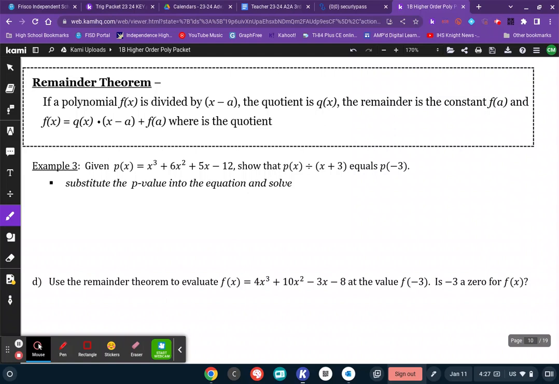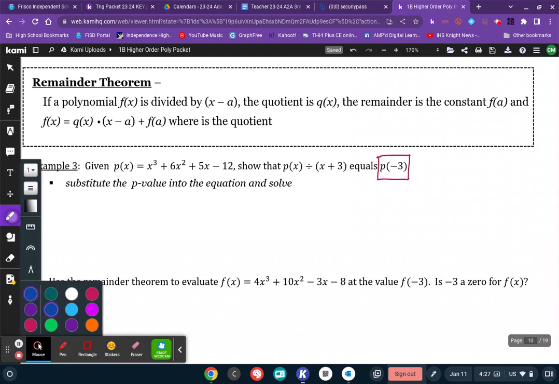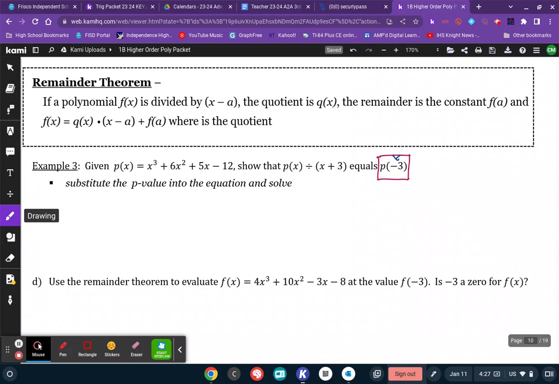So, in other words, if we're given a polynomial, and notice this is written as a function here, p of x is equal to this polynomial. If we want to show that x plus 3 is a factor of that polynomial, then I can evaluate p of negative 3, because negative 3 is the root or the 0.